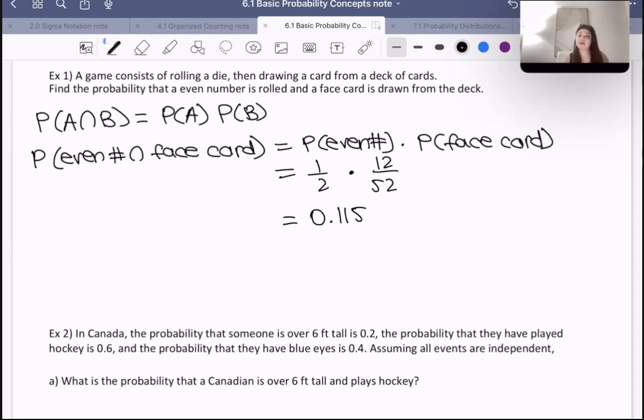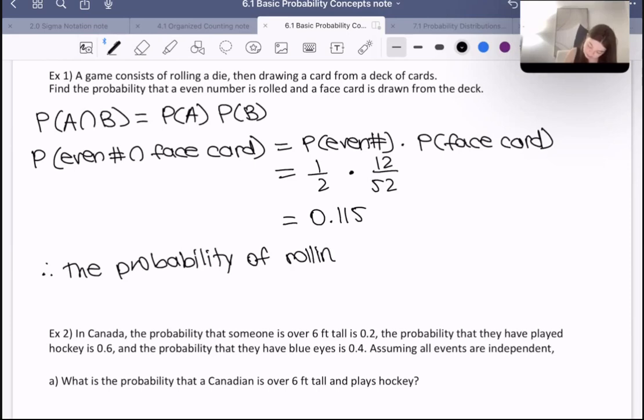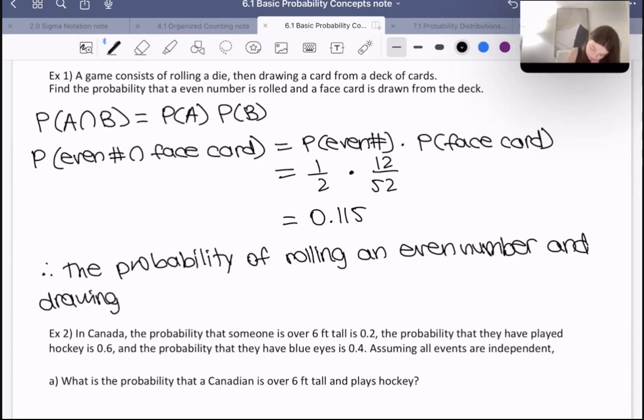We can write a quick conclusion statement here as well and say, therefore, the probability of rolling an even number and drawing a face card is 0.115.